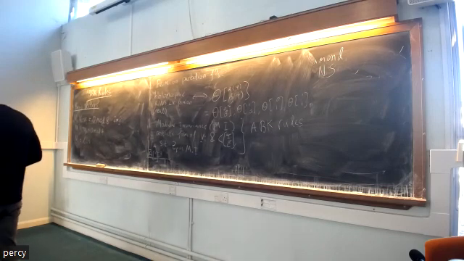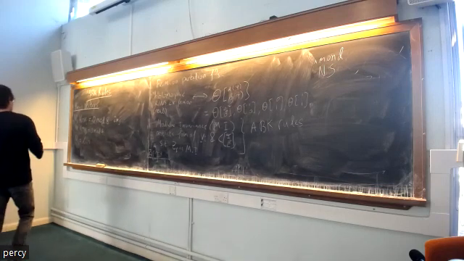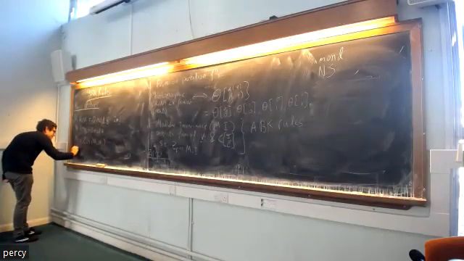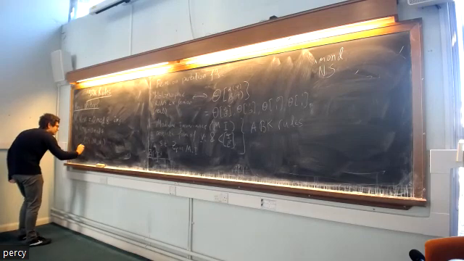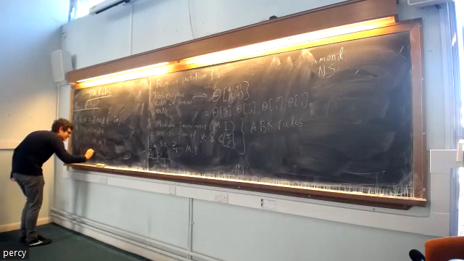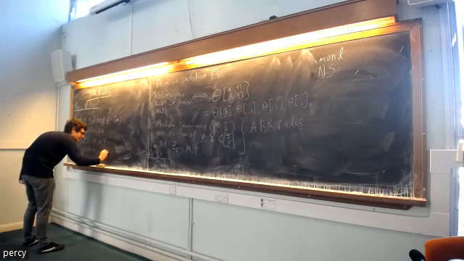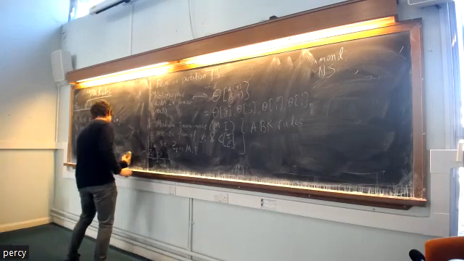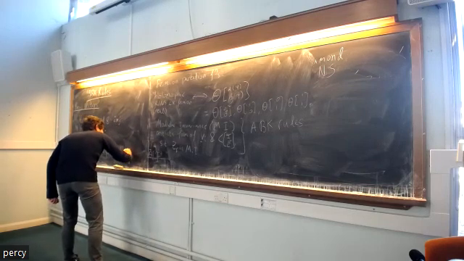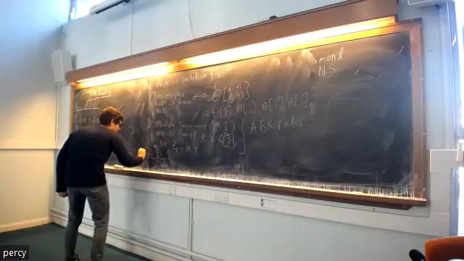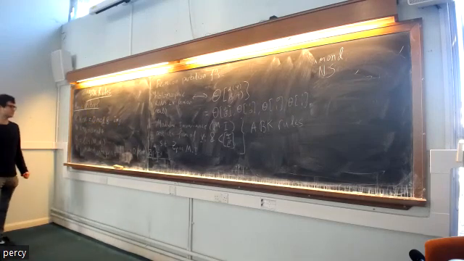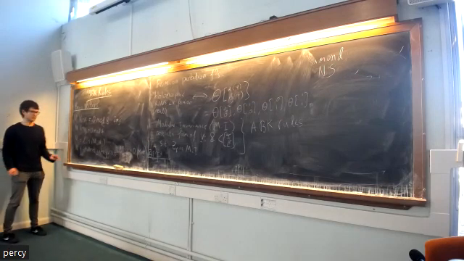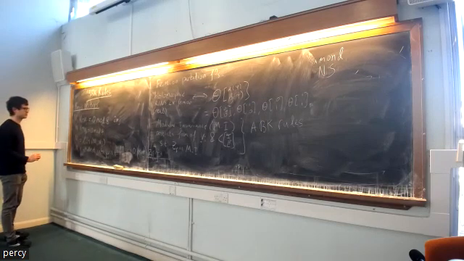So it's the least common multiple of N_i and N_j, and N_i is the smallest integer such that N_i multiplied by v_i is equal to 0. Okay, so usually N_i would be 2.